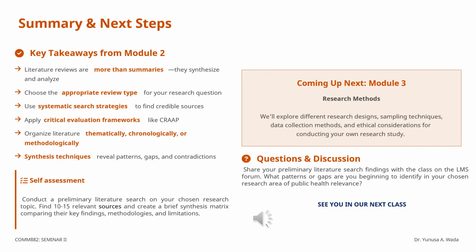For your self-assessment, I will urge you to conduct a preliminary literature search on your chosen research topic in the field of public health. Try to identify at least 15 relevant sources and organize them thematically.